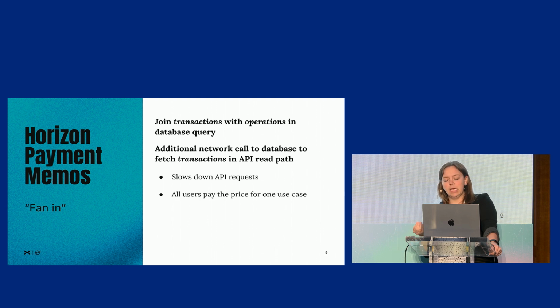And notably, all the users of the operations API now pay the price for this one use case, right? I think this is a decent idea to get the memo on the payments API, but I don't know if just Alien 2108 wants it or everybody wants it.